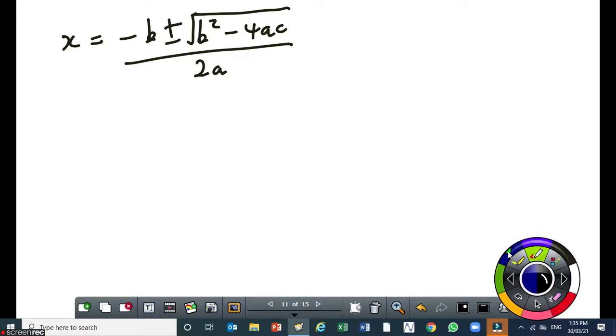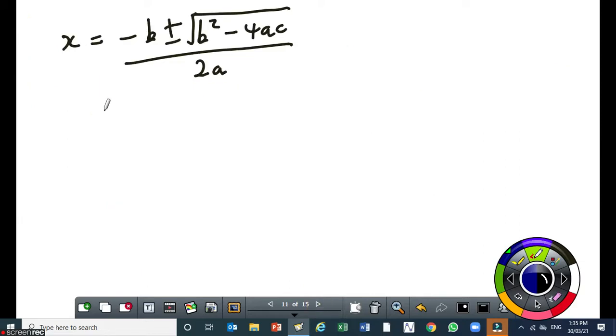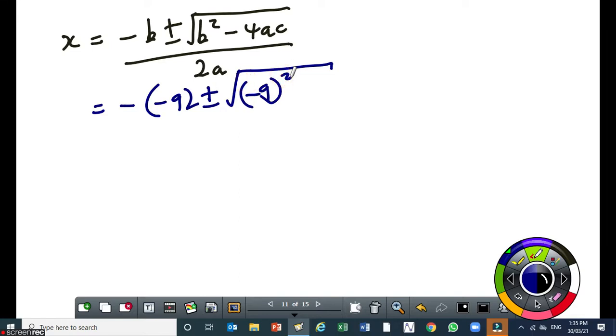Now if you look at my b, it is negative. So in my formula, I'm going to say this is equal to minus open bracket minus 9, plus or minus the square root of b squared, that's minus 9 all squared.